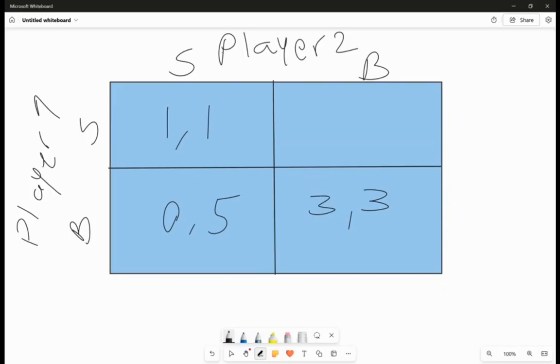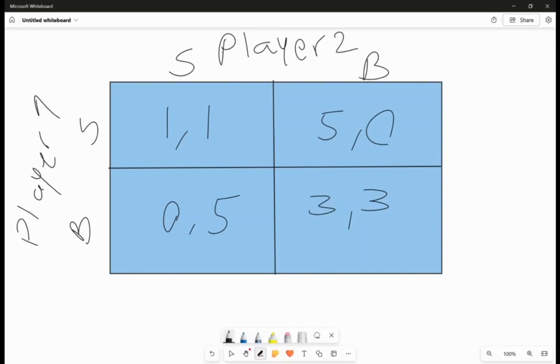What if both players are blaming, they are not remaining silent, they are snitching on the other one? Then it's going to be a joint crime, and each player could go to jail for at most 3 years, right? So 3 years for player 1 and 3 years for player 2. What if player 1 snitched, but player 2 remains silent?